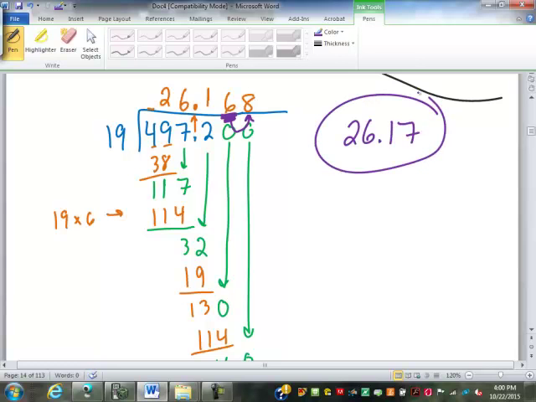The answer is 26.17. Now, if you added a 0 behind it, would it be wrong? Yes. This is actually a discussion we just had in my last class. Is it 26.170? No. Rounding up, it's 26.17.